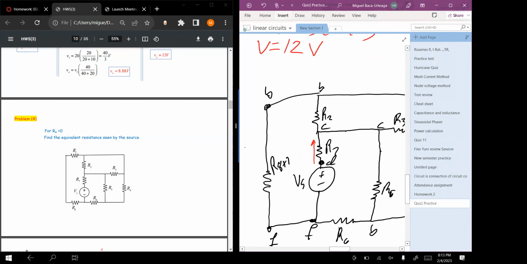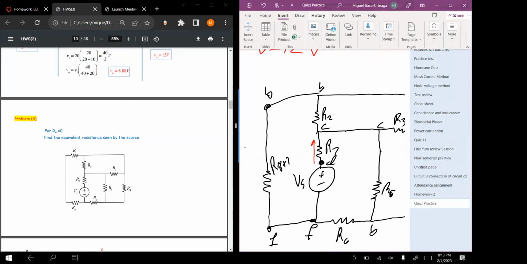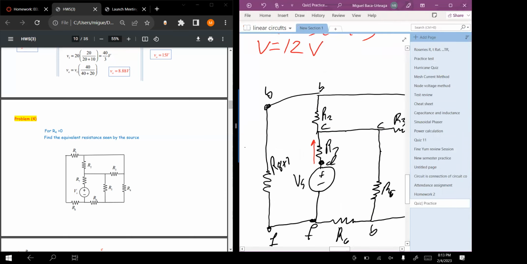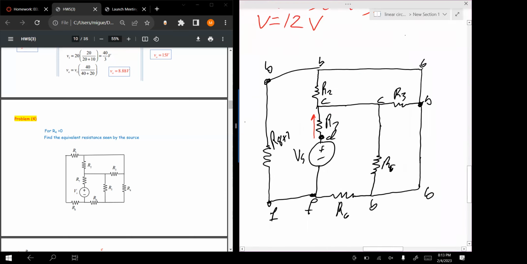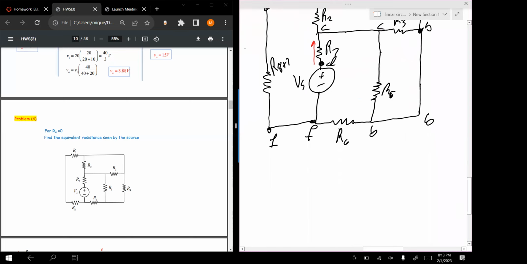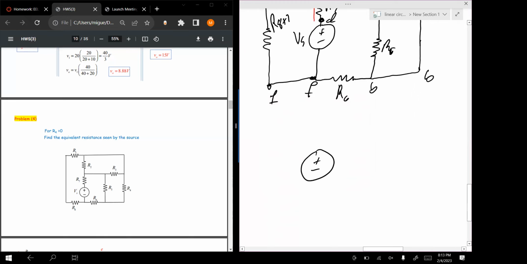With these, let's see, how can I redraw this so it's plus minus that, and then we could say, I might need to move this down a little more. So we're going to say R7. We're going to make another one.